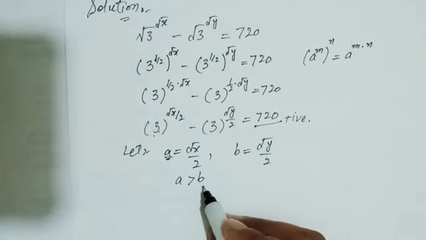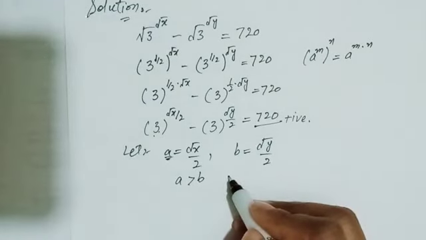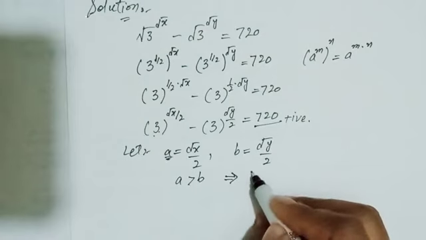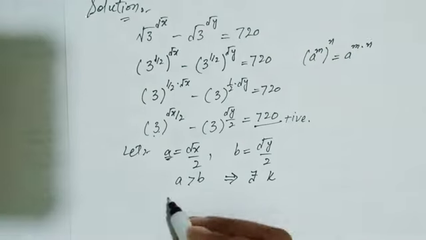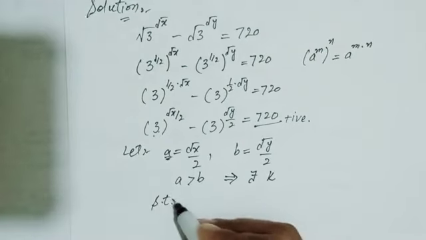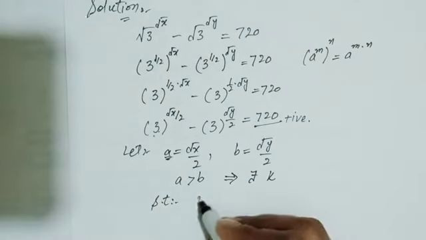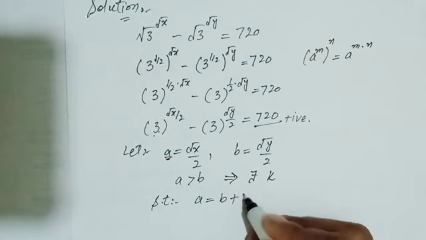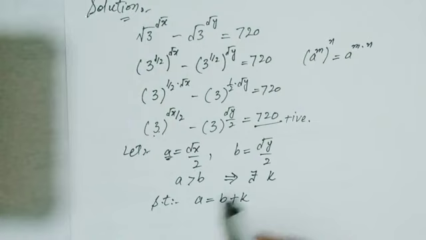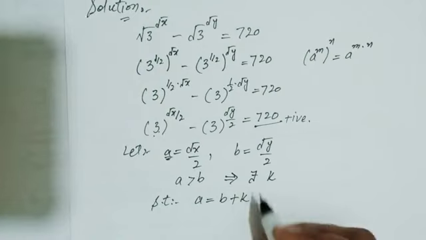So if a is greater than b, there exists a positive integer k such that a is equal to b plus k. A is greater, so when I add something to b, it will be equal to a.